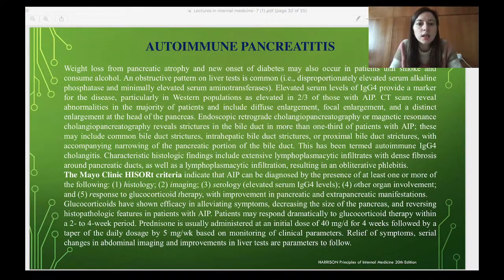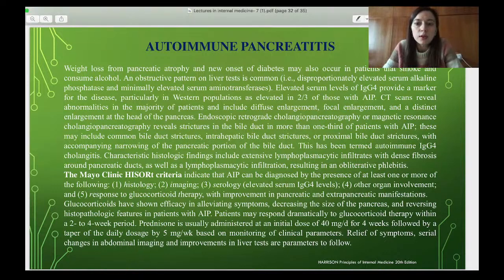Glucocorticosteroids have shown efficacy in alleviating symptoms, decreasing the size of the pancreas, and reversing histopathologic features in patients with autoimmune pancreatitis. And the patient may respond dramatically to a peak dose of glucocorticosteroid within 2-4 weeks.